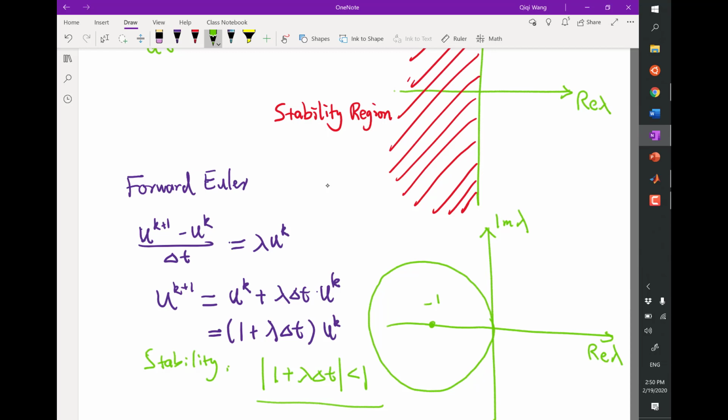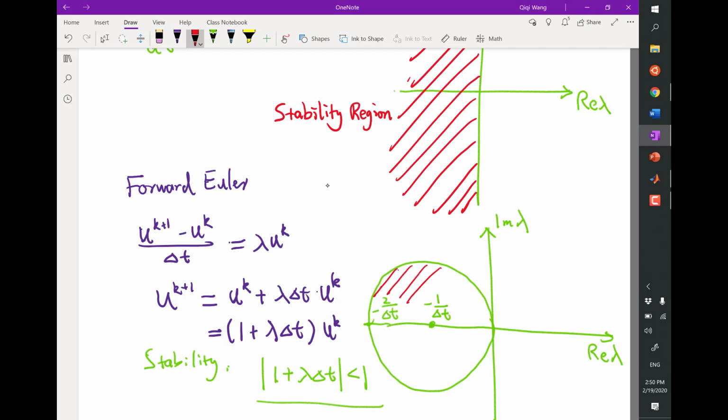The origin doesn't change. Everything expands by a factor of 1 over delta t. So instead of the circle being centered at -1, it is now centered at -1 over delta t. And the radius, instead of being 1, is going to be 1 over delta t. So this would be 1 minus 1 over delta t, and here would be -2 over delta t. So that would be the stability region for forward Euler.